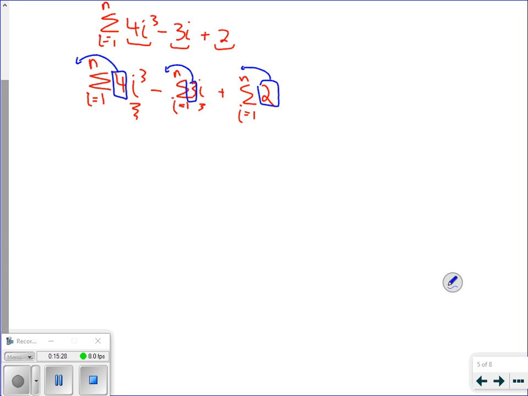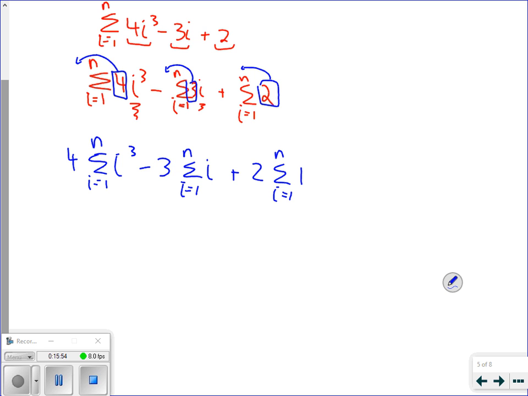Let's see what we got. We have 4 times the summation i equals 1 to n of i cubed. You can see my summation symbol starts to really look crappy after a while, I apologize for that. Minus 3 times the summation i equals 1 to n of i. And then over here, I'm going to have 2 on the outside, times the summation i equals 1 to n of 1.